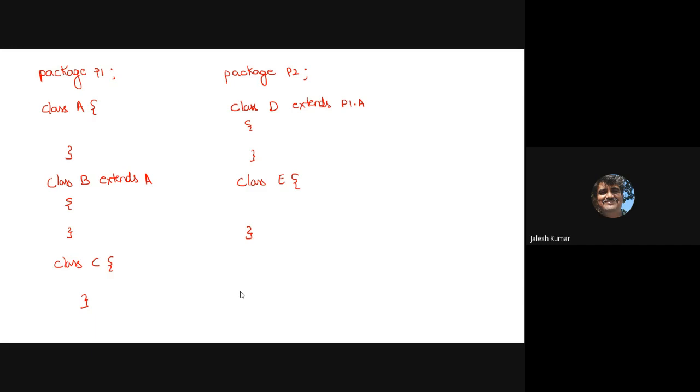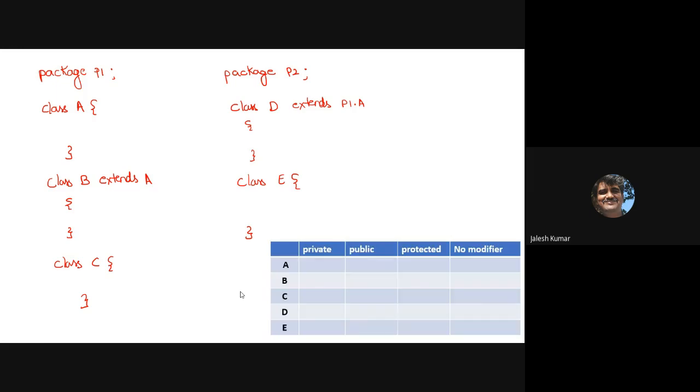Instead of writing same package subclass, same package non-subclass, different package subclass, different package non-subclass, we can write A, B, C, D. Now I have written this information: class A, class B, class C, and access modifiers private, public, protected, and default, which means no modifier.